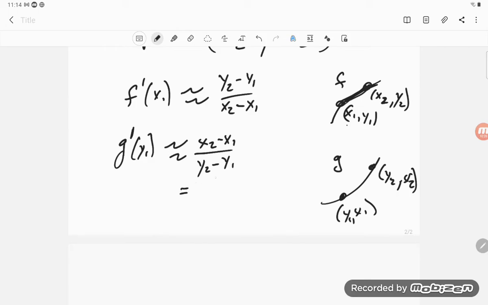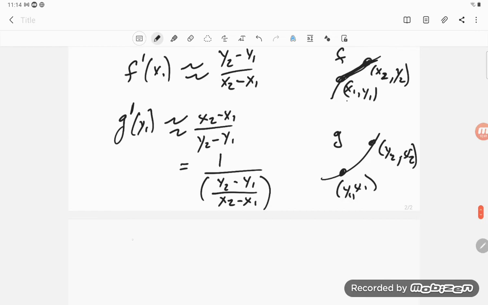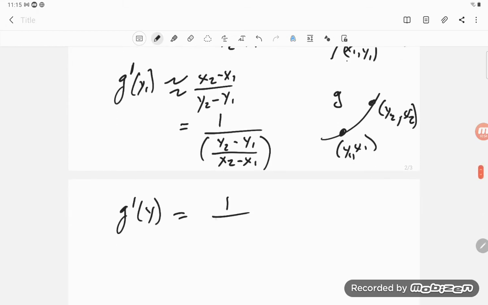But that is equal to 1 over y2 minus y1 over x2 minus x1. And so what we see is it looks like our g prime of y here is going to be equal to 1 over f prime of x.